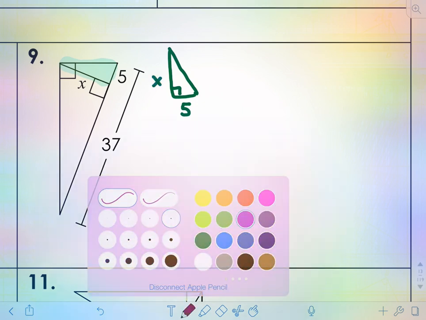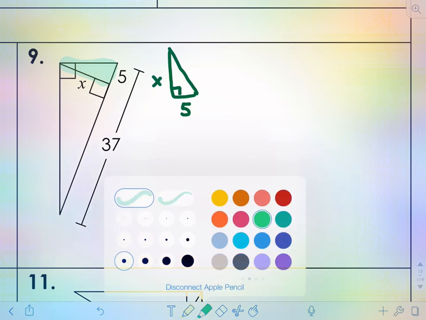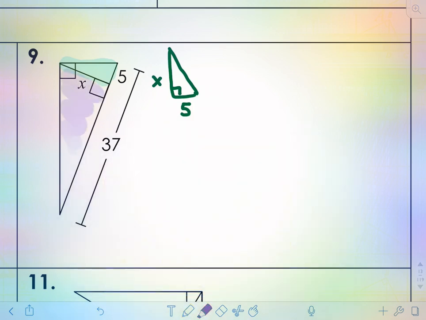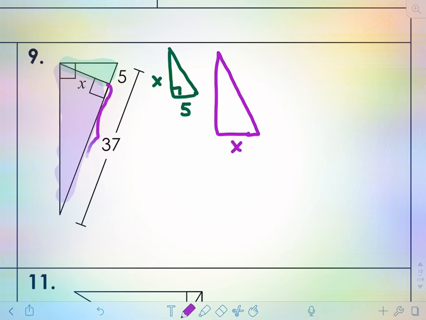And then on the larger triangle, if we flip that around, X is the short leg, and the long leg goes from here to here. They tell us the hypotenuse of the big triangle is 37.